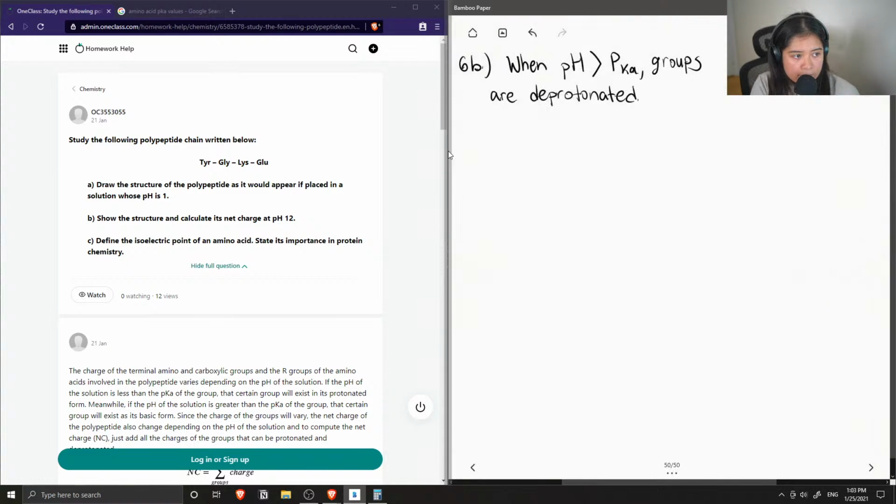So now let's draw our amino acid chain. We have our amine group, and then we have our tyrosine. If we look at the alcohol group on our tyrosine, it becomes deprotonated because now the pH is 12. And then let's carry on writing the rest of these. Again, our glycine just stays the same.